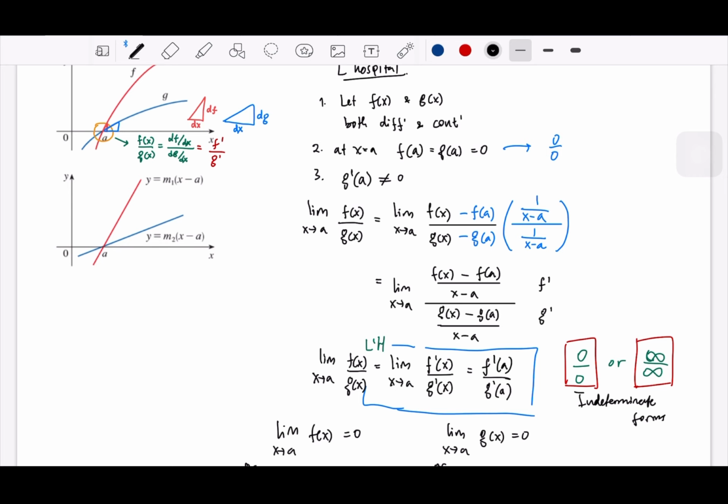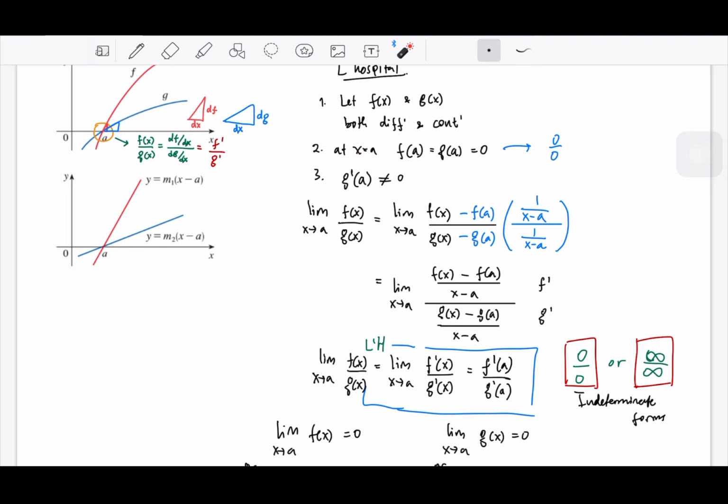So by the end of the equations, we can see that the limit of f/g as x approaches a, we can take the rule, L'Hôpital's Rule, and differentiate f to f prime and differentiate g to g prime. So we can have f prime of a and g prime of a at the end of the equations, if this is not 0/0.